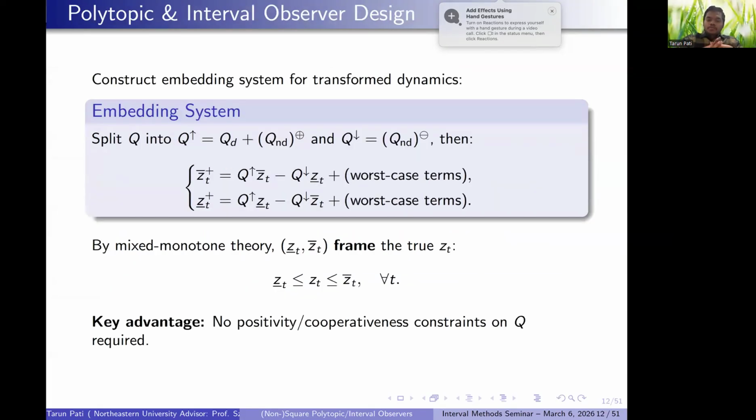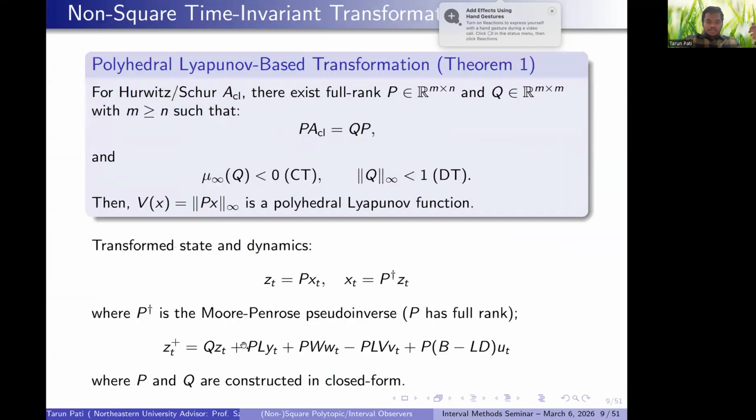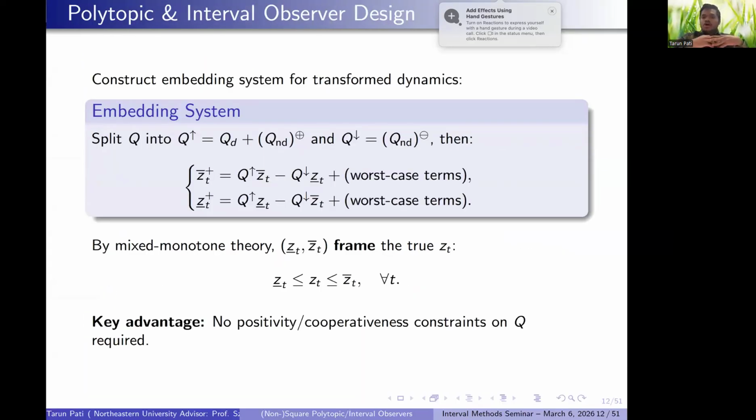So now that we have our equivalent system in higher dimensions, which is provided here, this system in Z coordinates, we can use the embedding system formulation to construct the required interval observer. The Z upper bar and lower bar dynamics are given here.